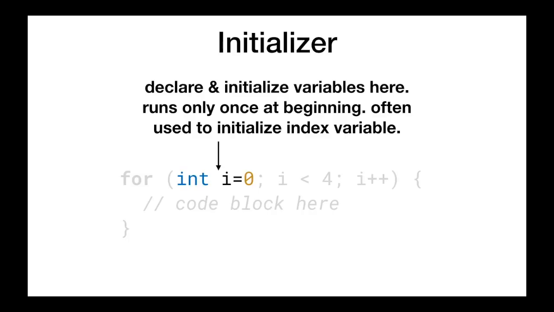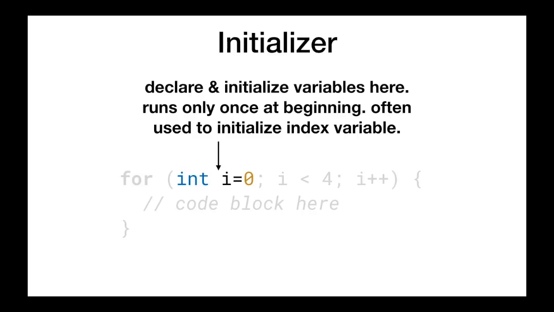The int i equals 0 part, that's the initializer. You could use a different variable here, j or foo or monkey or whatever you want. If you specify the type like we are here, you're declaring a new variable that only exists within this for loop, and it won't be usable afterwards.